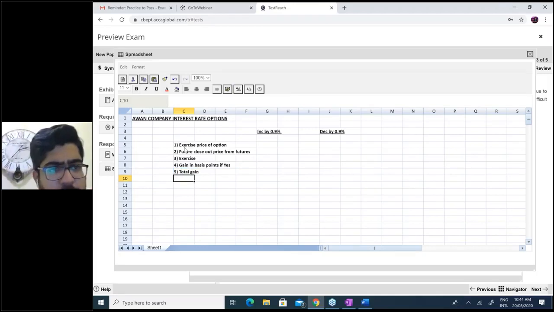I've provided you the formula, don't worry for that. Then actual cost of borrowing or return on deposit. In that case, this was a deposit case, so actual return on deposit.